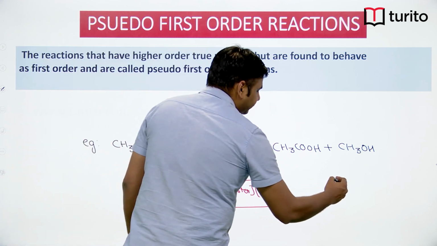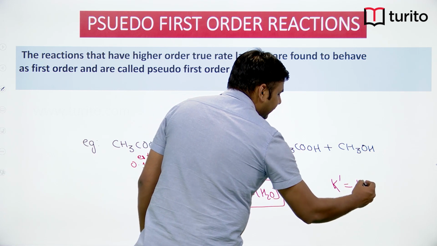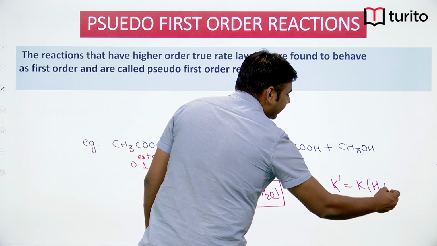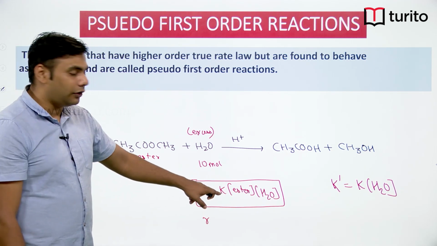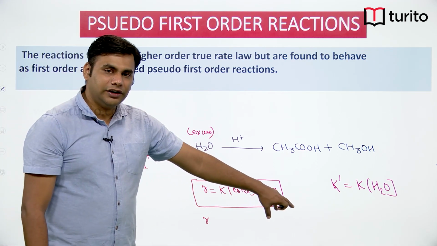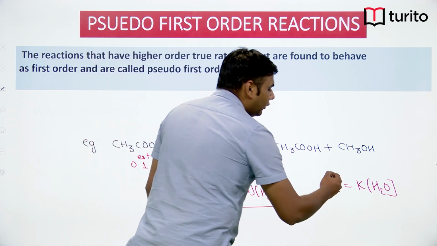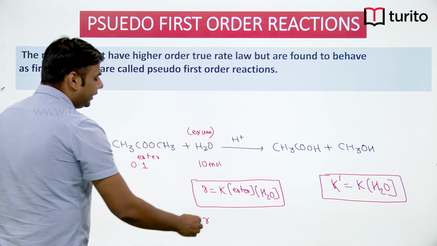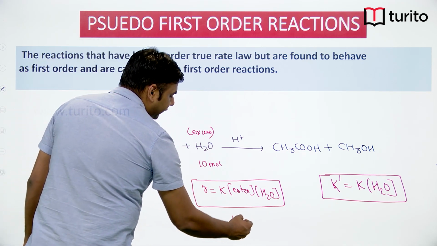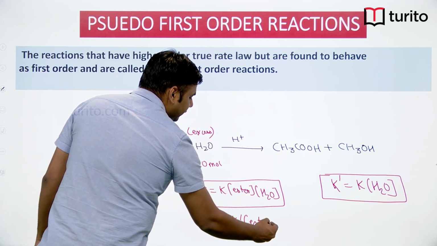So we will write K, the rate constant, into the concentration of water. Because the rate constant is a constant and the concentration of water is not changing, the product of the two will be a constant. So we can write this as K dash, and we write the rate as K dash into concentration of ester.